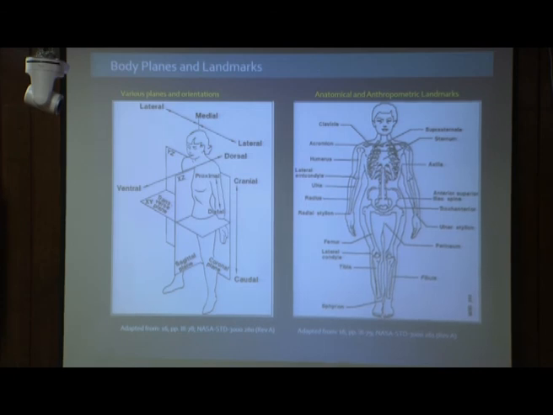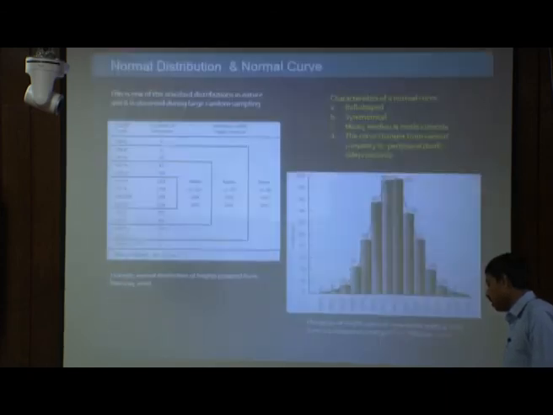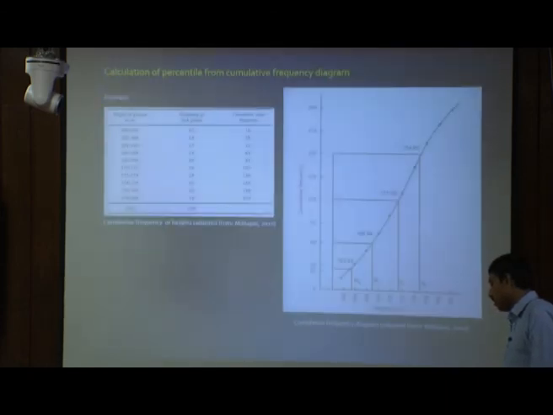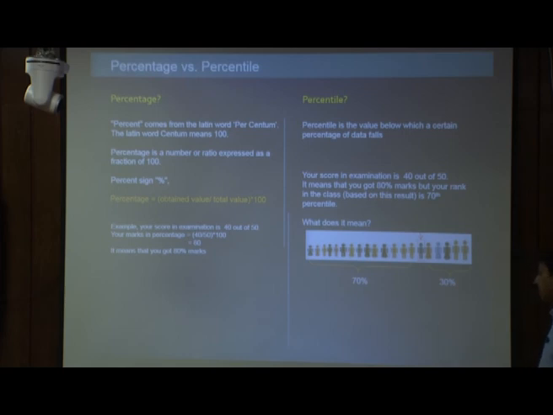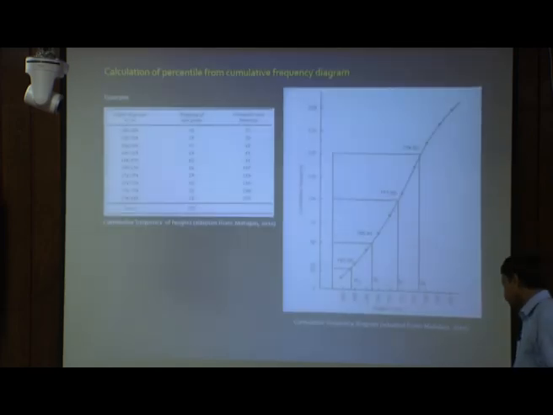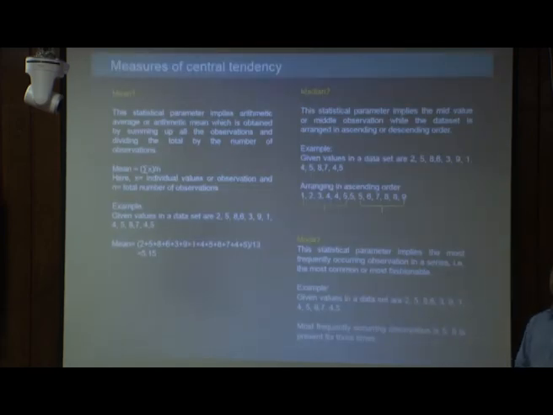Now, body plane. So far, if we recall what we discussed, we covered a few basic statistical parameters like percentage, then percentile, gradually moving to various types of central tendency: mean, median, mode.